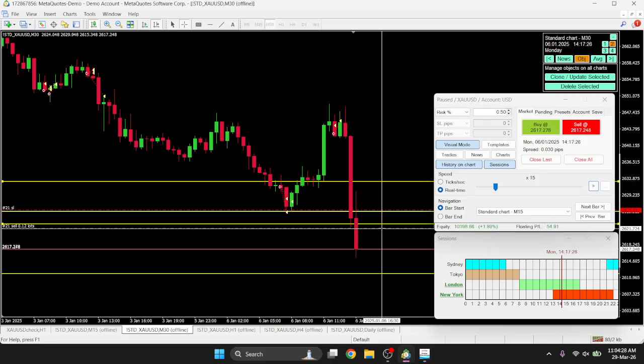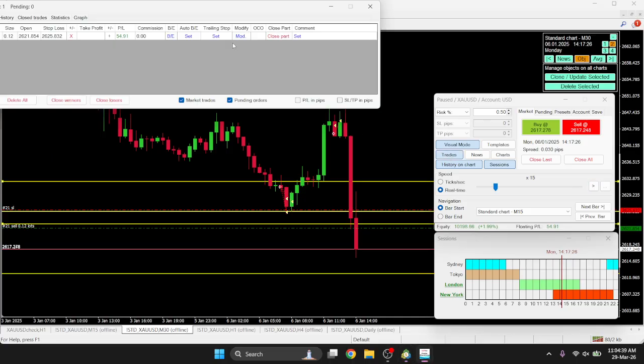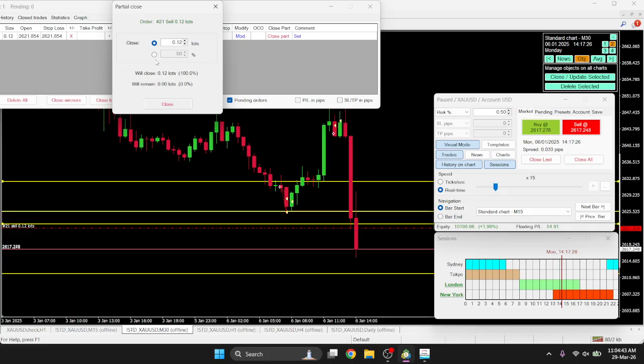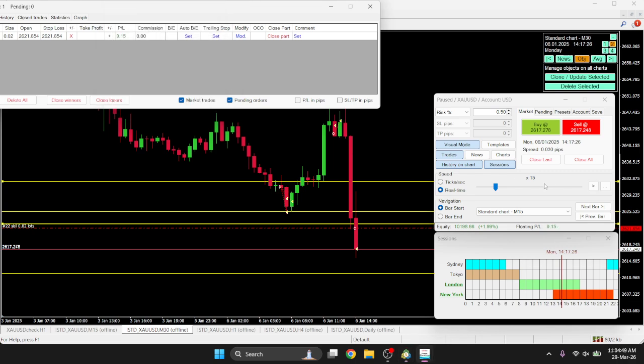So we just got 1 to 1, more than 1 to 1, 58 pips, 43 pips. So I'm closing half at the first break even, closing 80%. But in this situation, I always close 90% because the candle is moving too fast.